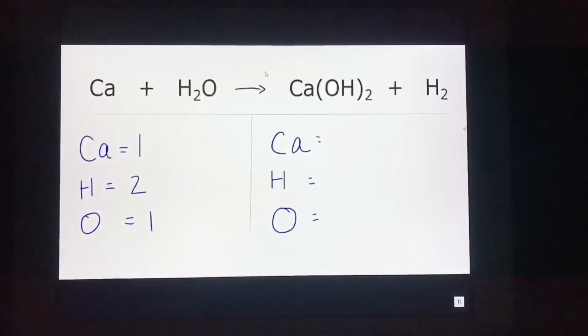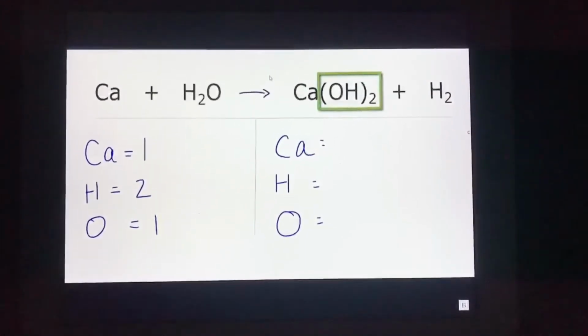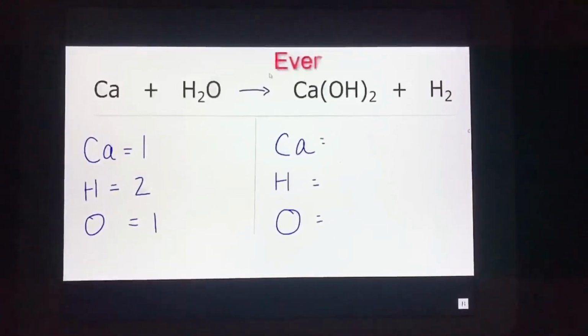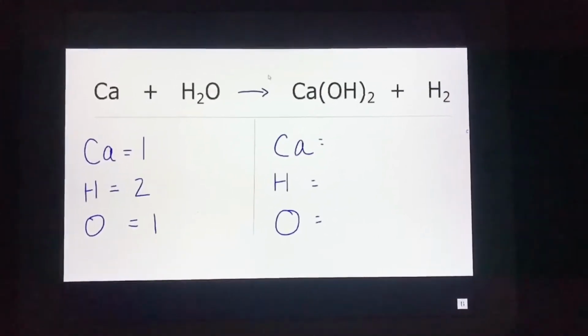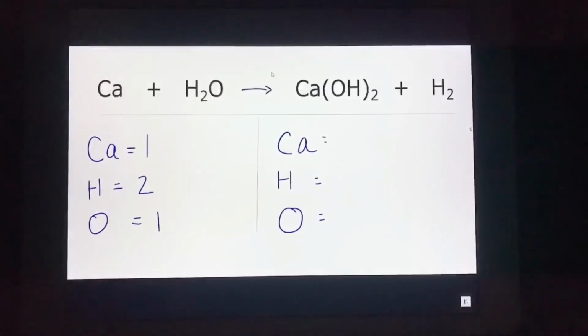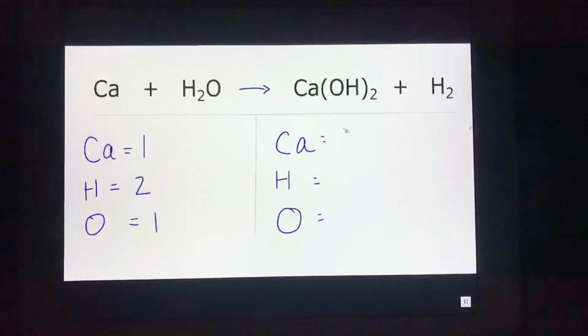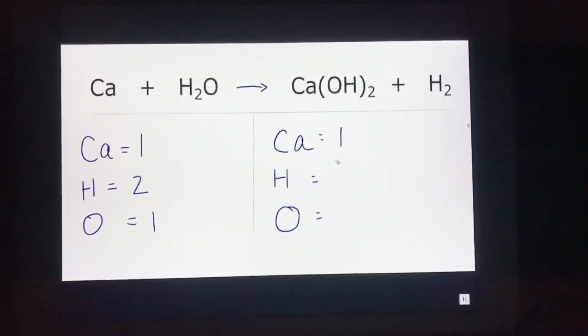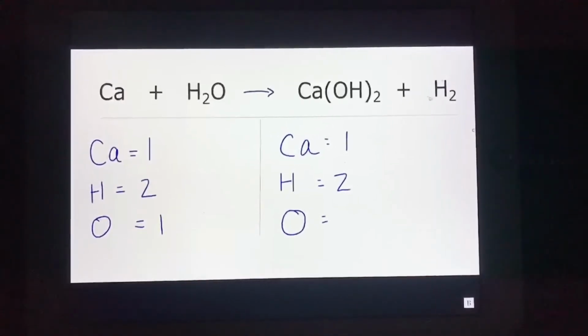Calcium plus water, we get calcium hydroxide plus hydrogen gas. Here you see calcium 1, hydrogen 2, oxygen 1. In the product also calcium is 1, but hydrogen is varying. So watch how to balance it. You can see how we can put hydrogen 2.